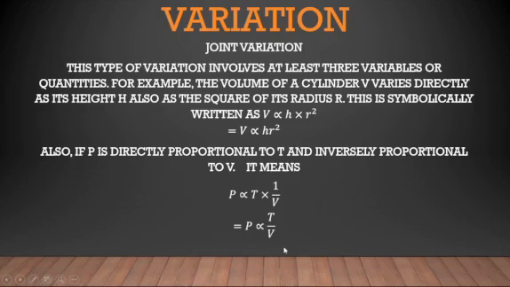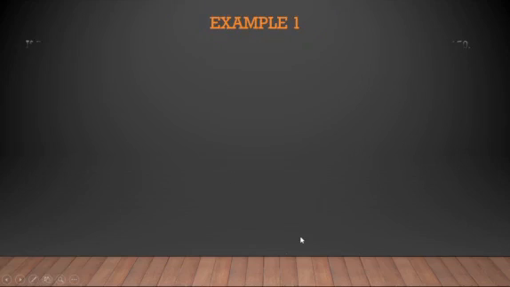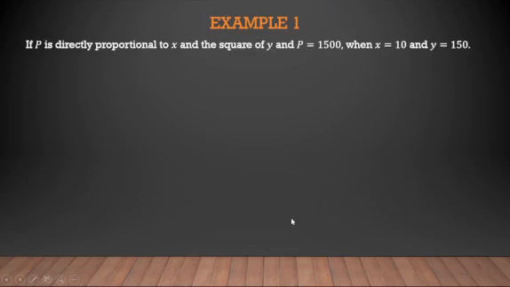Example 1, let's see the question. If P is directly proportional to X and the square of Y, and P is 1500 when X is equal to 10 and Y is equal to 150. Let's get to the details of the question.